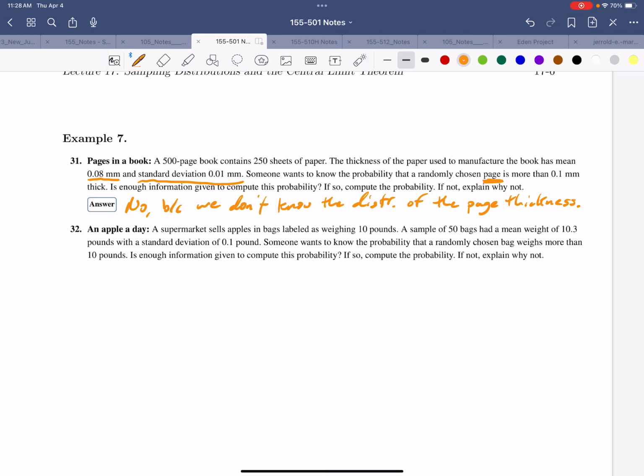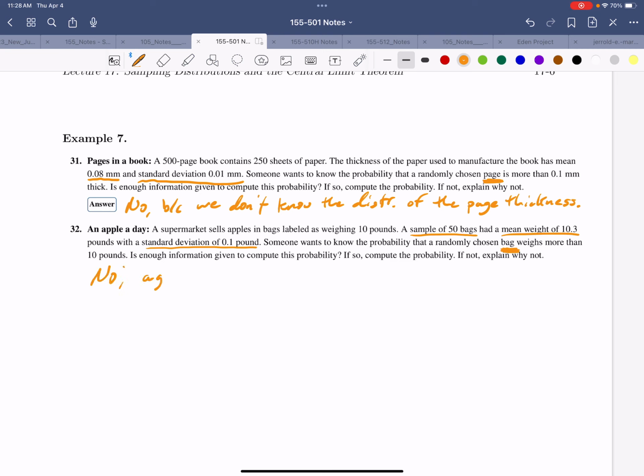And so similarly, an apple a day, right? A bag is supposed to weigh 10 pounds. You can view that as a population mean if you want. A 50-bag sample had mean weight of 10.3, standard deviation of 0.1. Someone wants to know the probability that a chosen bag, again, singular, weighs more than 10 pounds.